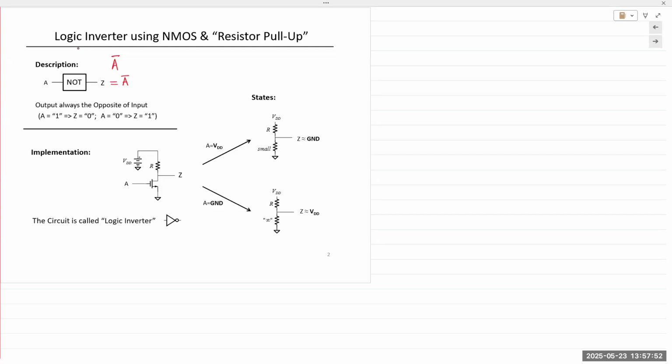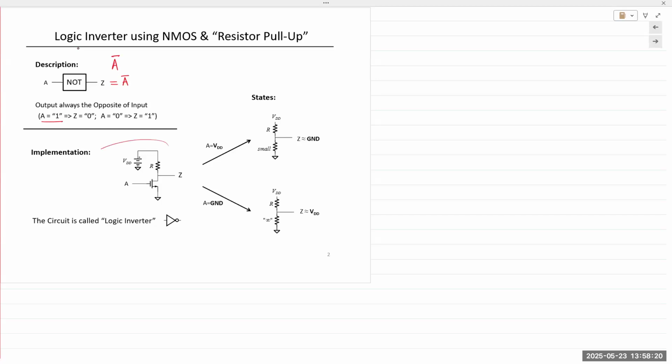So that bar represents inversion, or the opposite of the output. But in digital logic circuits, when we talk about logic 0 and logic 1, we're talking about 0 volts and 5 volts. So if input A is 1, or plus 5 volts, the output is 0 volts. If the input is 0, output is 1, or plus 5 volts.